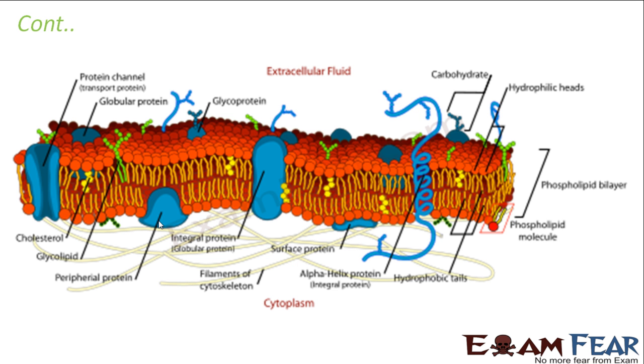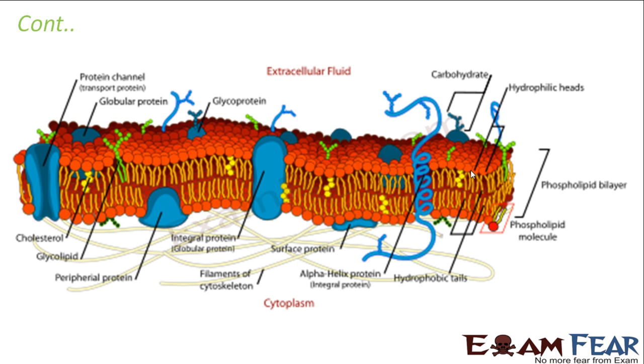So the plasma membrane is the outermost covering. It is made up of proteins and lipids. There are two layers of lipids which is known as the lipid bilayer. The lipid bilayer is arranged in such a fashion that all the hydrophilic ends are together. These are the heads of the lipid, that is the hydrophilic ends, and all the hydrophobic ends are again together.